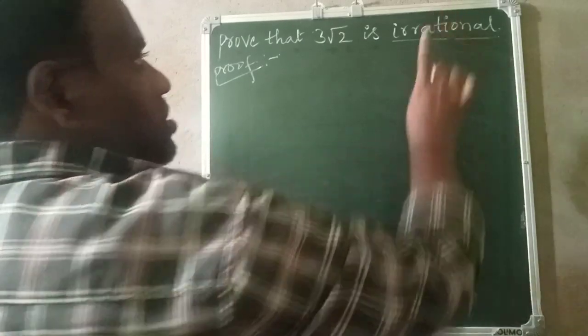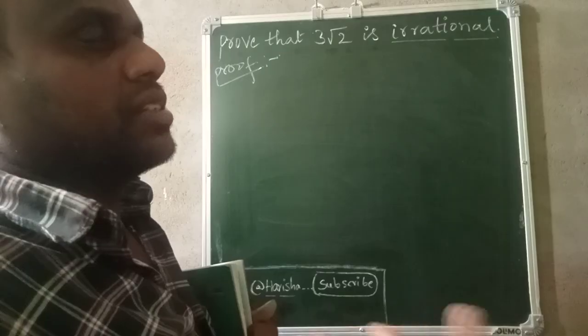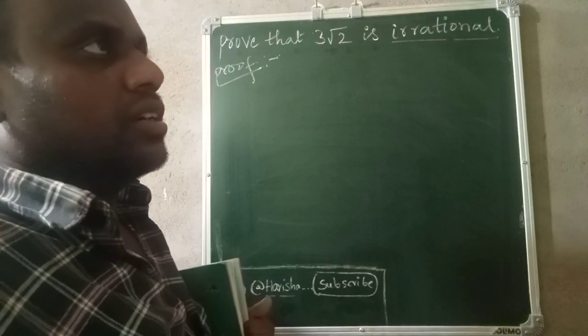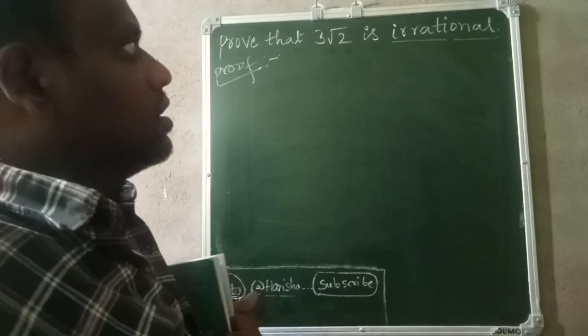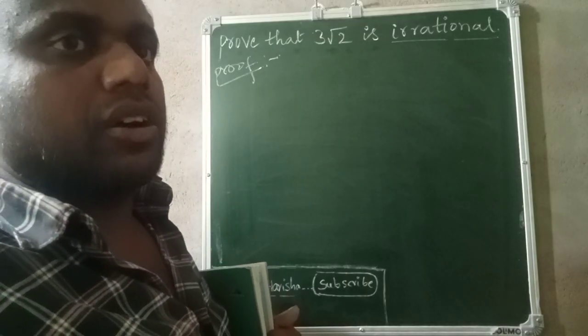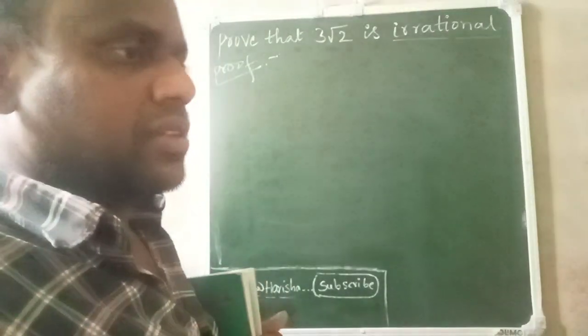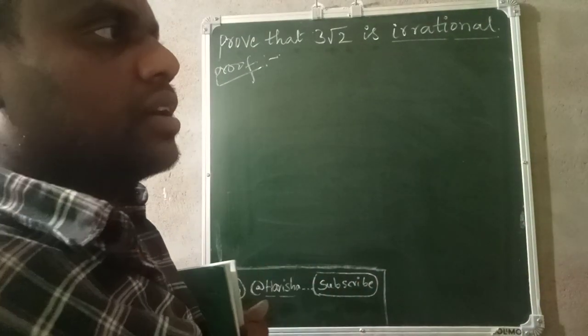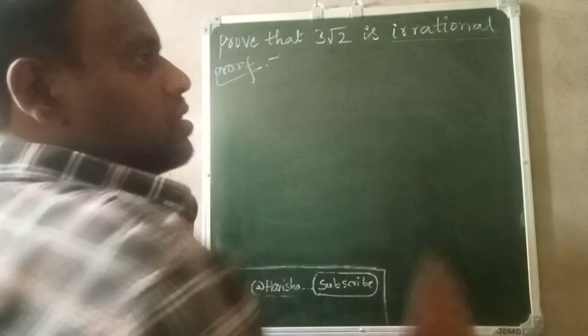So the opposite of this is... opposite means it's not exactly opposite. Sometimes it may be exactly opposite. We will take a contradicting sentence, which means talking in reverse to this.